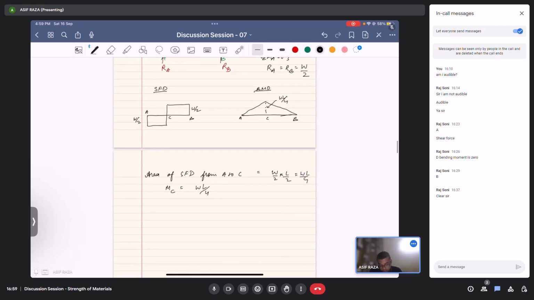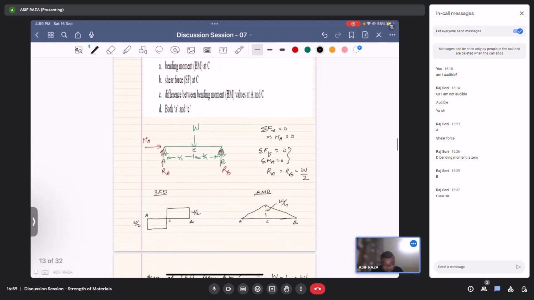Let's see what the shear force at C is. Shear force at C, if you take the left hand side, is minus W by 2, and if you take the right hand side, it's W by 2. So that won't be the case.